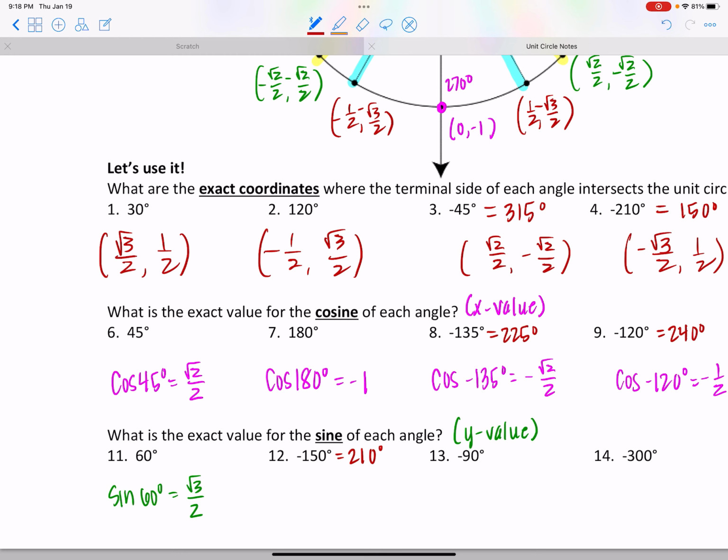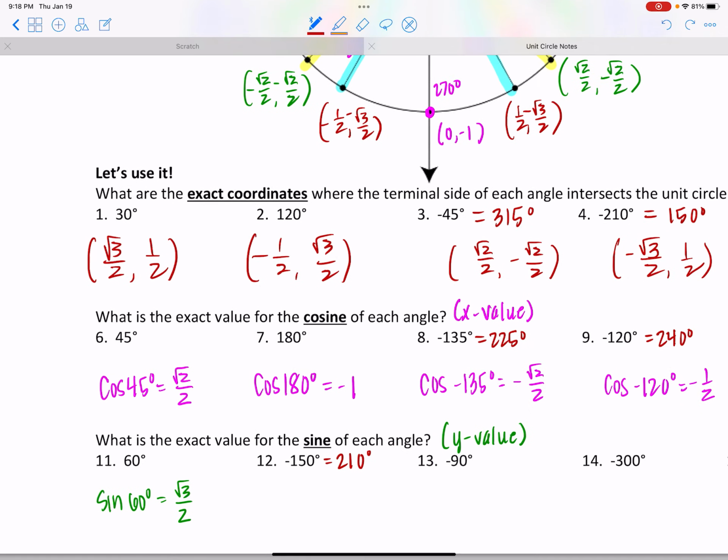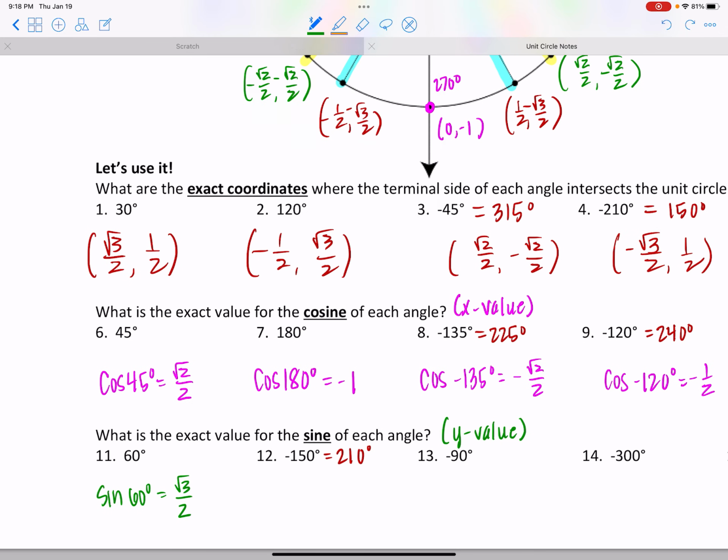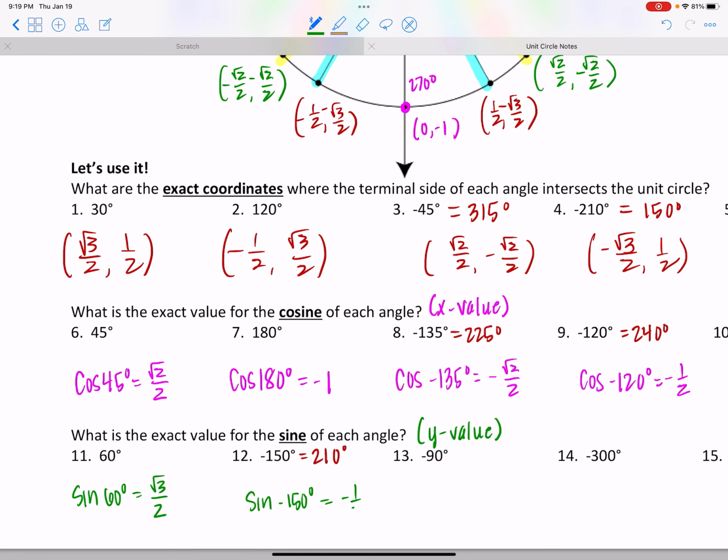Okay, so 210 degrees. If I go to 210, again, the sine, that's the y value, there it is, negative 1/2. So we're going to say that the sine of negative 150 degrees is negative 1/2. And you see how nice this is to be able to use.